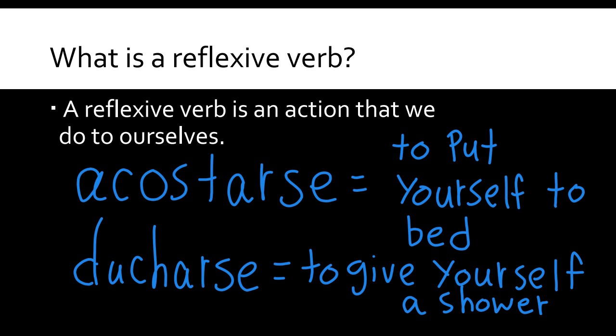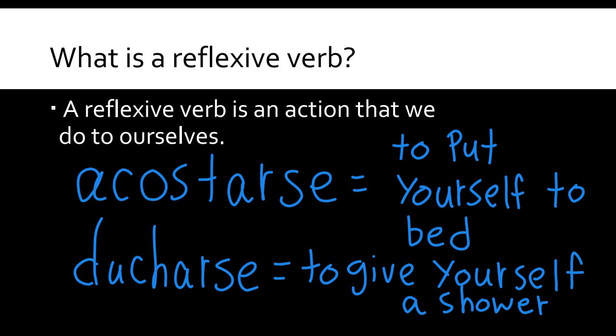All right, so again, this is an action that you do to yourself, and the reflexive verb in Spanish, ducharse, means that whole entire phrase in English, to give yourself a shower. So it's nice because in Spanish, we can just use one reflexive verb, and it explains this whole entire idea of doing this action to ourselves. So that's why it's called a reflexive verb, because the action that we're doing reflects back on ourselves.